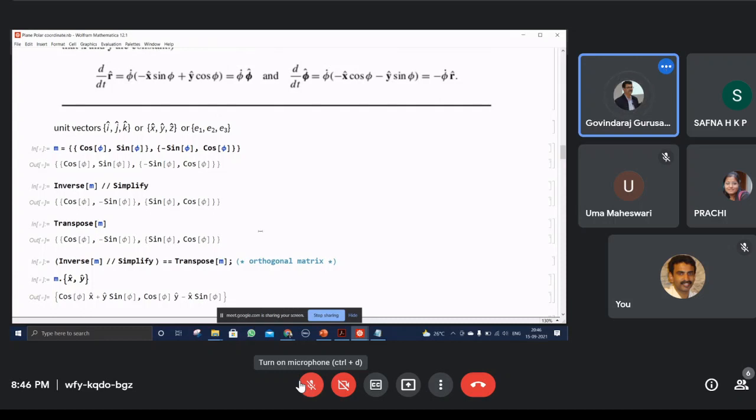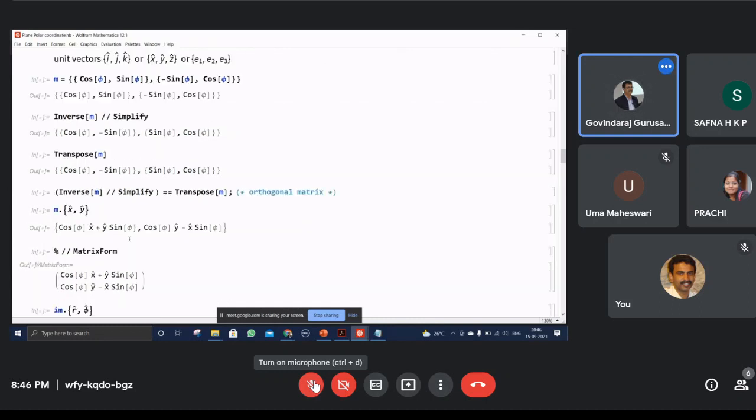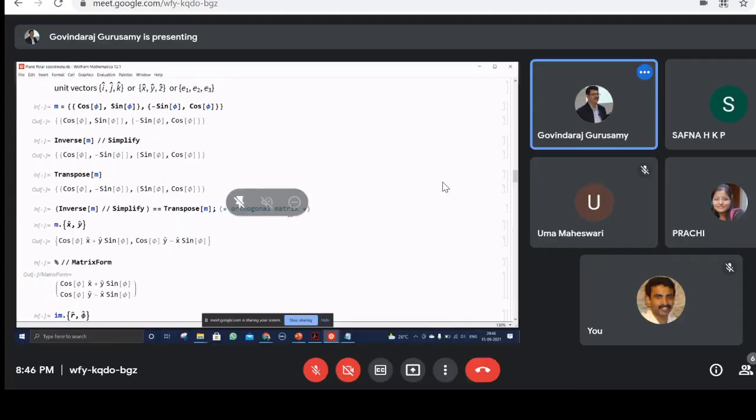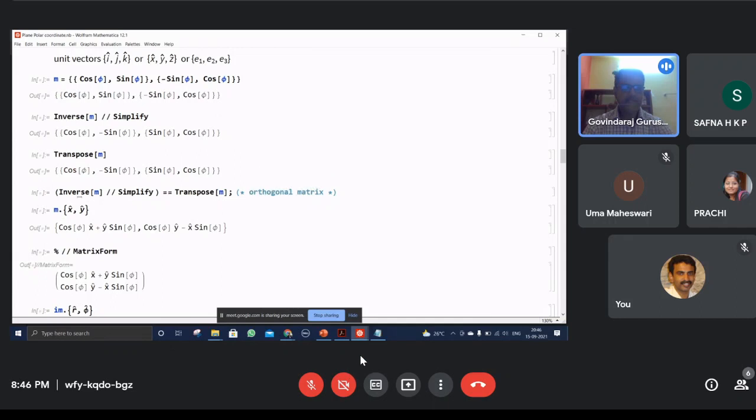If this happens, then we can call this matrix an orthogonal matrix. Inverse equal to transpose is the orthogonal matrix. You can see that orthogonal matrix has been proved here, by taking inverse of m equal to transpose, is satisfying. So therefore, you can say that this matrix is an orthogonal matrix, or in terms of vector, they are orthogonal vectors.